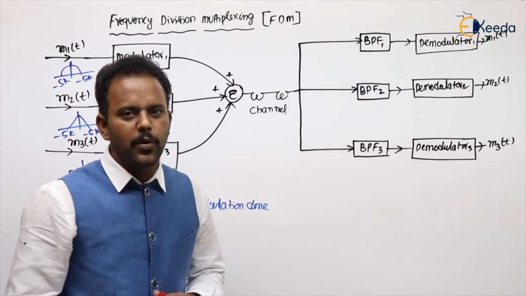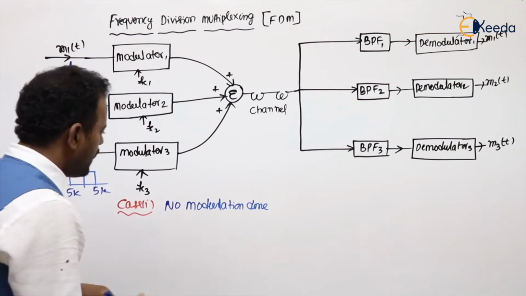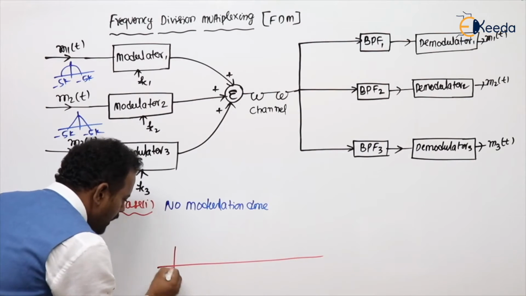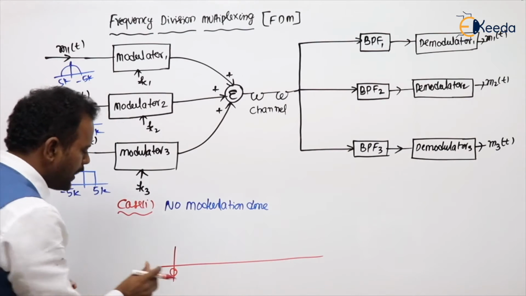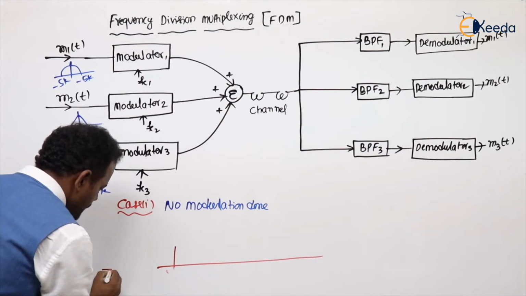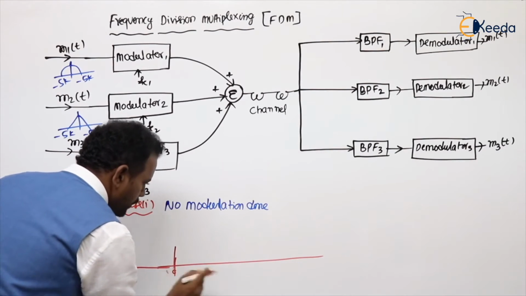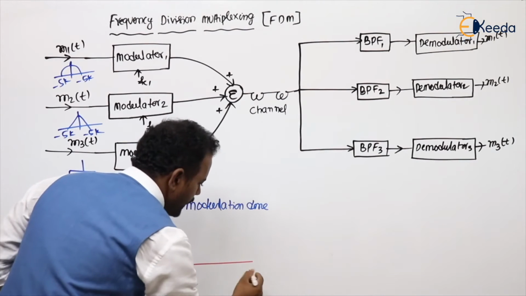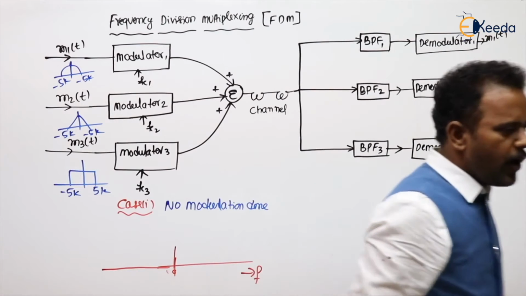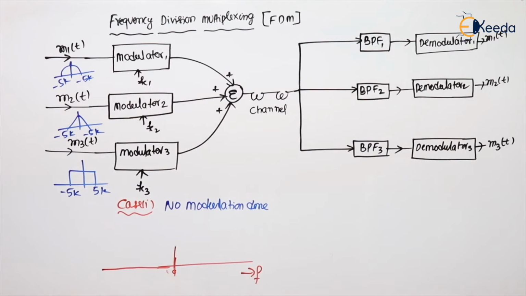If you are not using modulation, what is happening? Let's see. All messages are directly given to the channel. Now I am writing the channel spectrum. How many signals are we multiplexing?